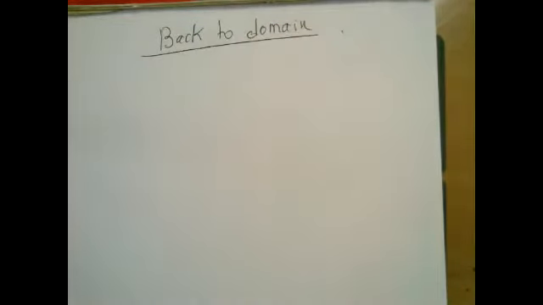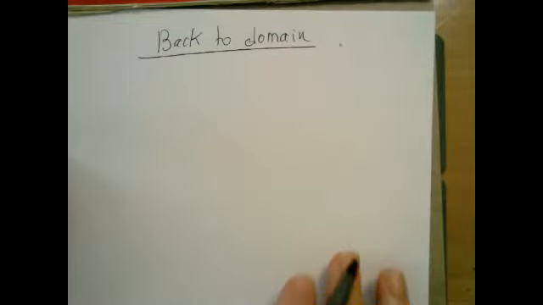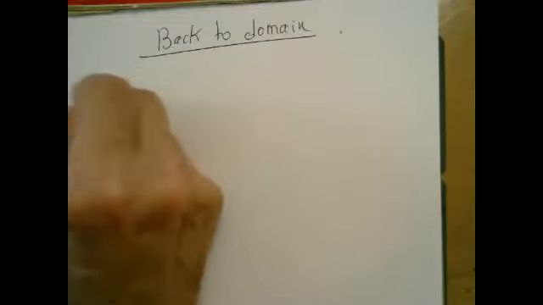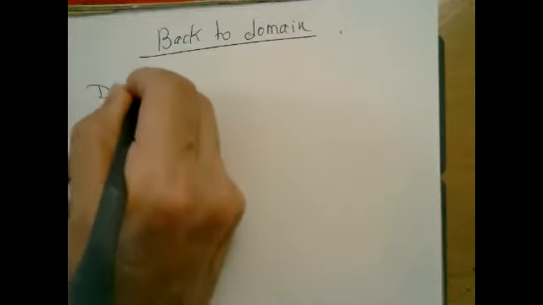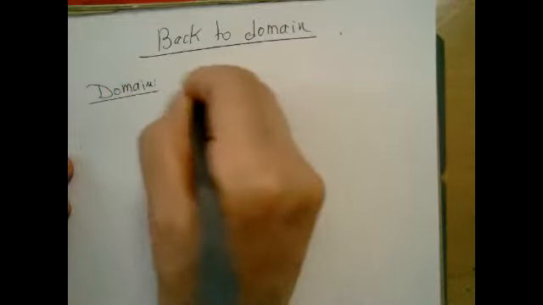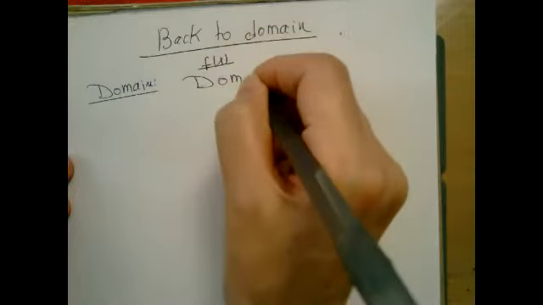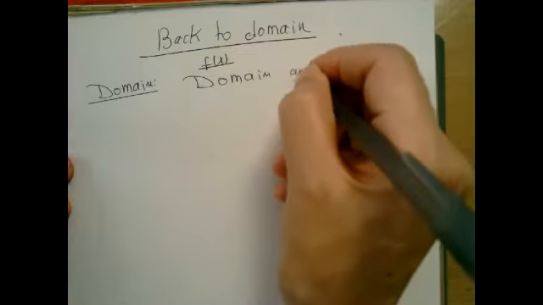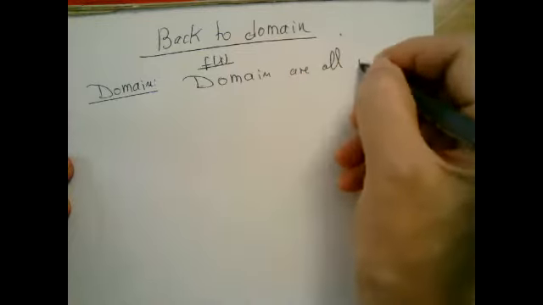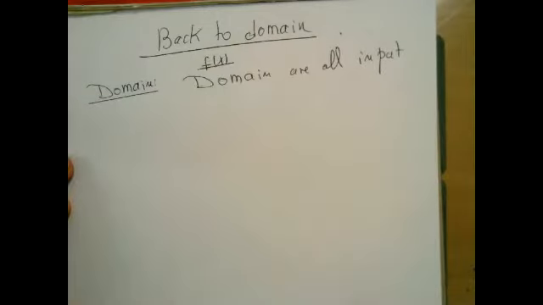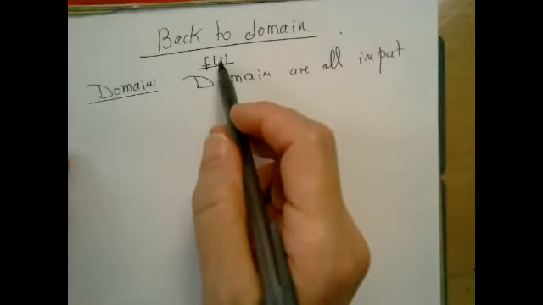Okay. So what is the domain of a function? If we have a function, it means we have a rule that you give it an input, it gives an output. So the domain, where f of x is a function, are all the input values. Input value means all the x values if we call the input x.